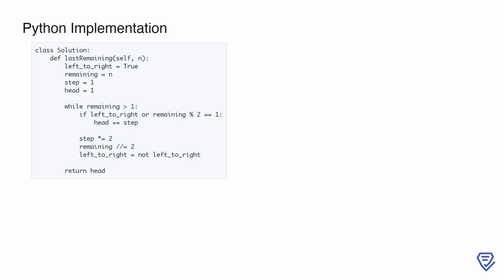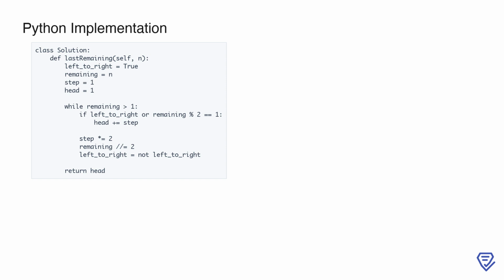Next, the step is doubled to reflect the increased distance between surviving elements, and the remaining count is halved since half of the elements are removed in each round. The direction is toggled for the next iteration. The loop continues until only one element remains, remaining equals 1. Finally, the head represents the last remaining element, which is returned as the result.